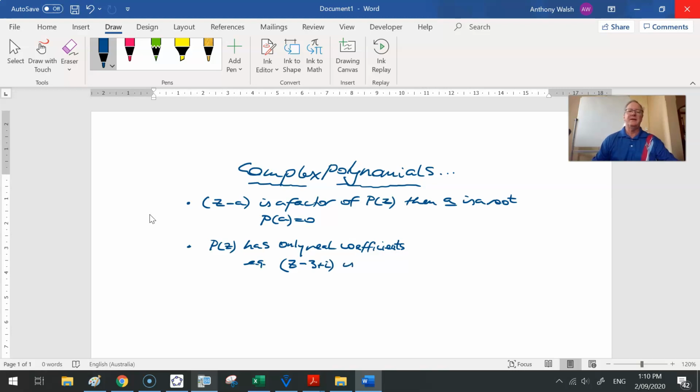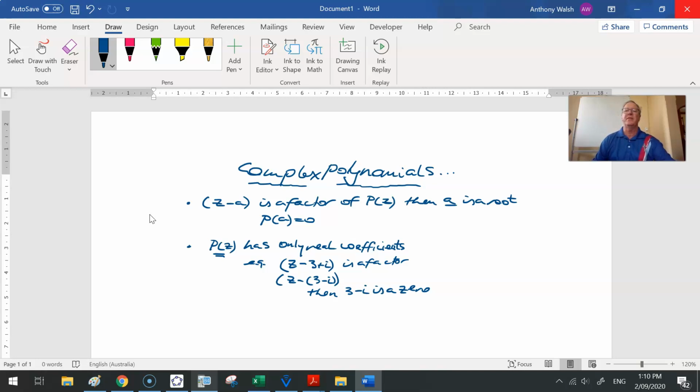Well, if that is a factor, remembering that, really I should change that into z minus brackets 3 minus i, then 3 minus i is a zero, which means that if I put 3 minus i into the original polynomial, it would equal 0.